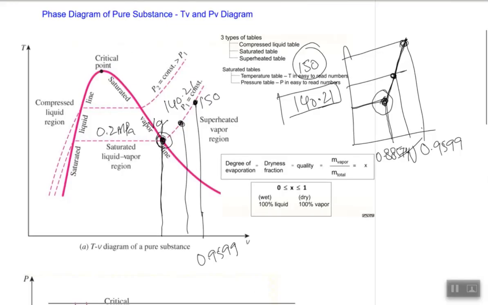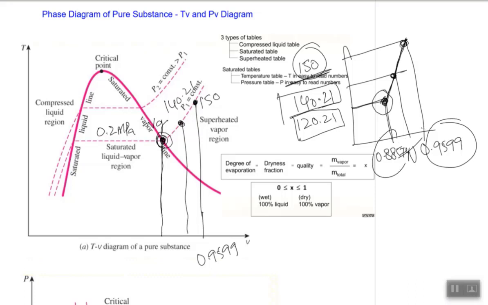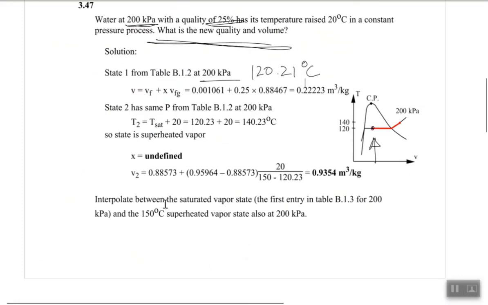So what we are doing is interpolating between 150 and 120.21, which was in the saturated table, between these two volumes. Using the same method, we find the interpolation between the two values, and we get a volume of 0.9354. This is what we have to do: interpolate between the saturated and superheated regions.